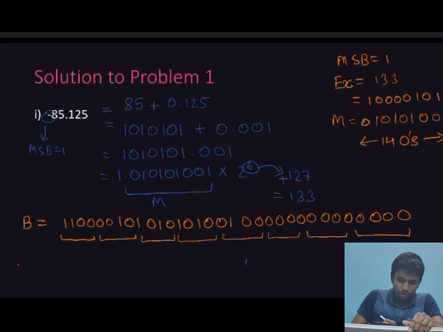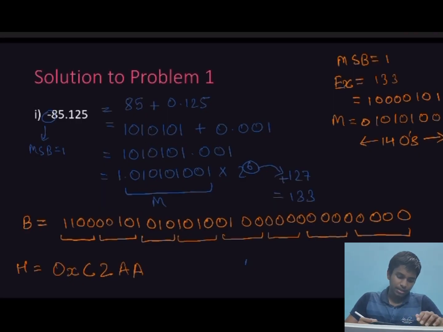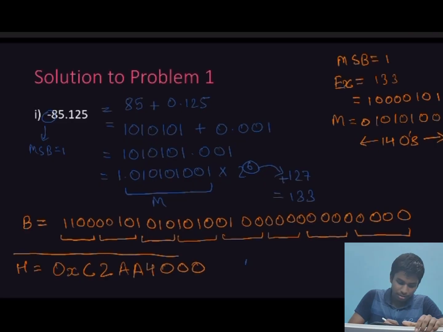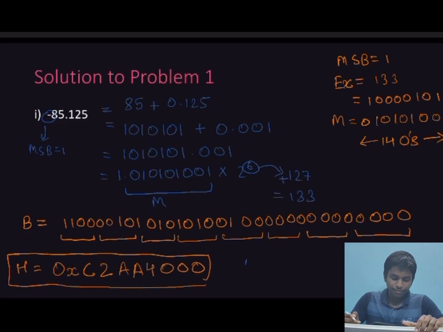So the hex code for -85.125 will become: the first 4 bits give 0xC, the next 4 give 2, the next 4 give A, and the next 4 also give A. Then the next 4 bits are 0100, which is converted as 4, and the last 3 digits are zeros. Therefore, we have this number as the IEEE 754 standard single precision format of -85.125.